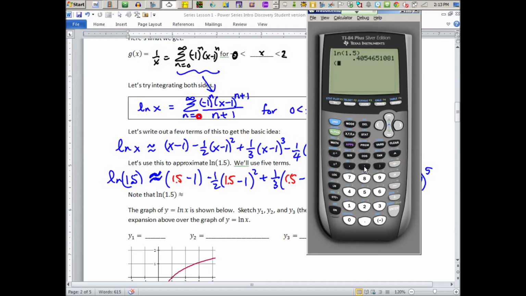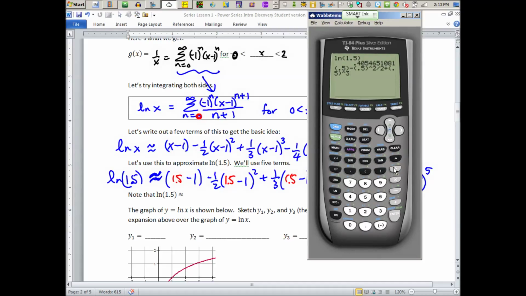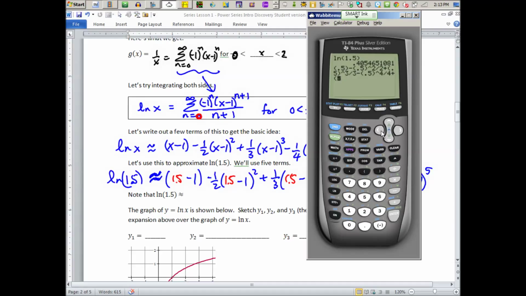So it's supposed to be 0.5 minus 0.5 squared over 2 plus 0.5 cubed over 3 minus 0.5 to the 4th over 4 plus 0.5 to the 5th over 5, you see.